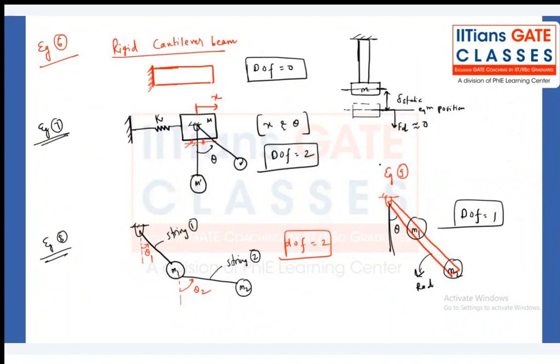Example number 6. If you see, we have a rigid cantilever beam. Tell me guys, when we have a cantilever beam, that too a rigid one, will any kind of deformation be there? If there is no deformation, will any displacement variables be required to specify the system? Confirm it.